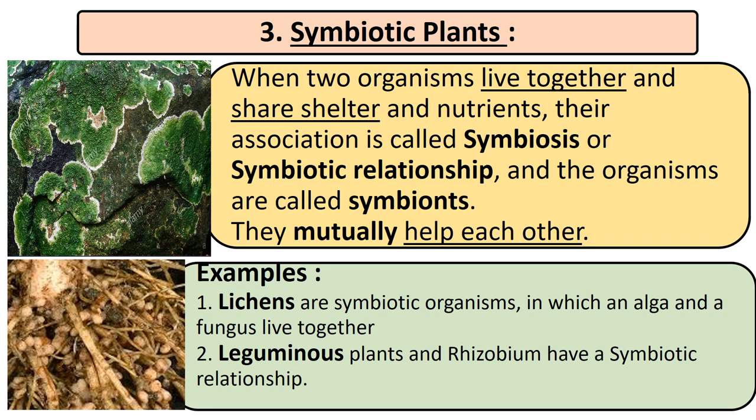They mutually help each other. Few examples. Number one, lichens are symbiotic organisms in which an alga and a fungus live together. Number two, leguminous plants and rhizobium have a symbiotic relationship.